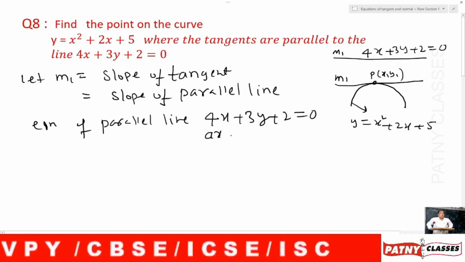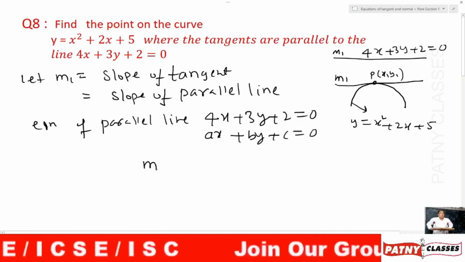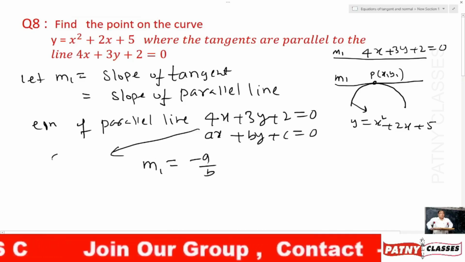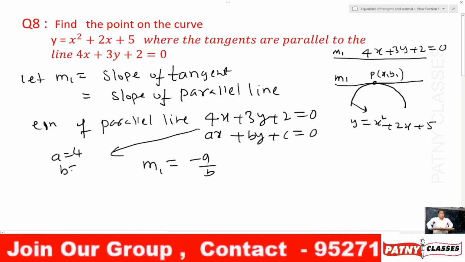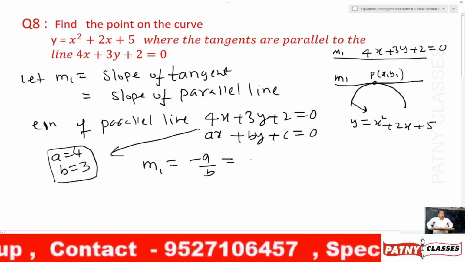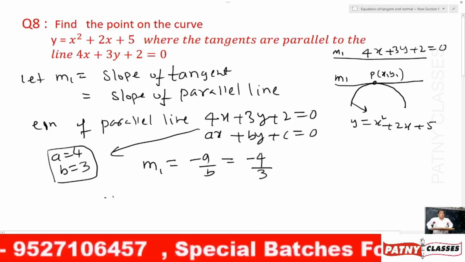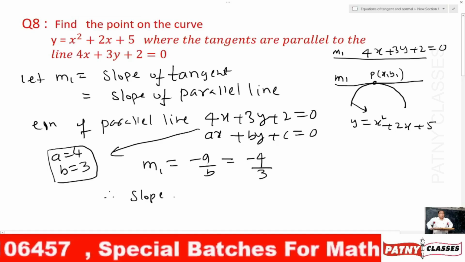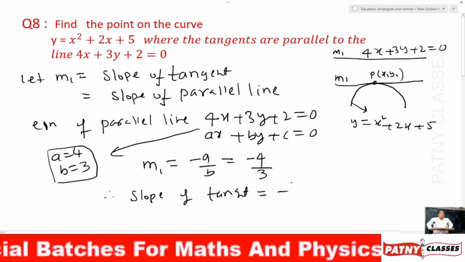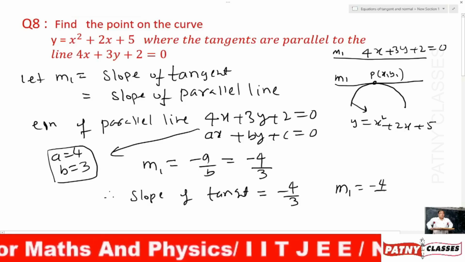Comparing it with ax plus by plus c equals 0, the slope is given by minus a upon b. Here a equals 4 and b equals 3. Comparing respective terms, m1 equals minus a upon b, that becomes minus 4 by 3. So the slope of tangent is minus 4 by 3, that is m1 equals minus 4 by 3.